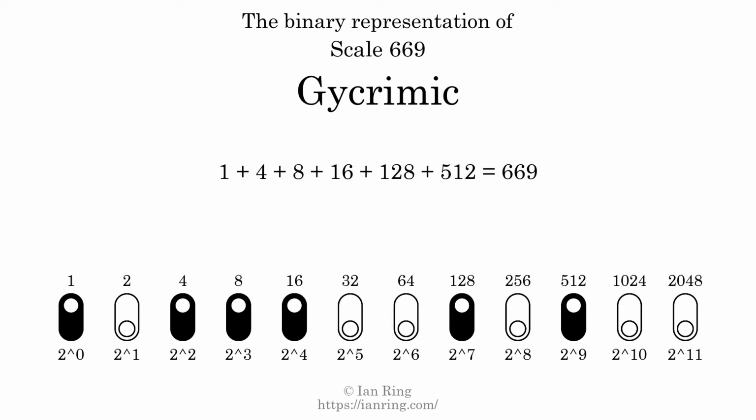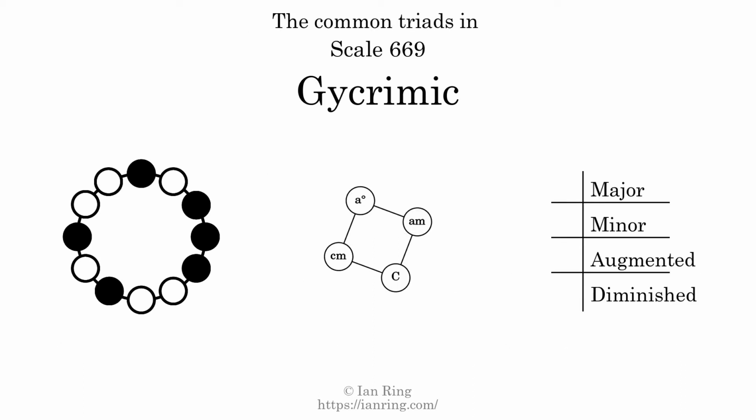That is why the scale number, in decimal, is 669. The scale number not only enumerates the scale with a unique index, but it also literally describes the tonal content of the scale. Represented as a binary number in base 2, the scale number is 001010011101.